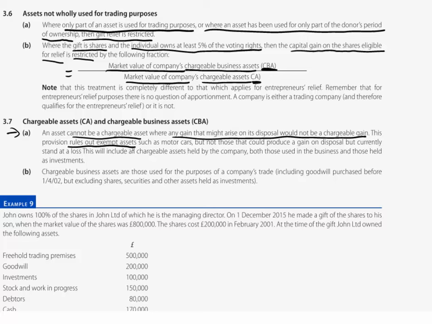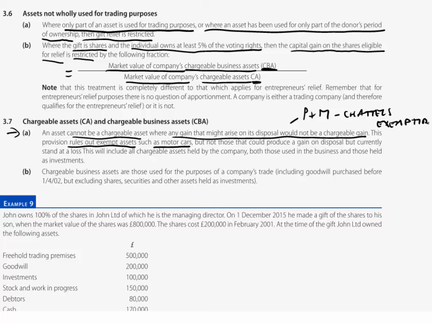So if there are exempt assets held on the balance sheet of the company, which there may be, such as motor cars, then those are not chargeable assets. Other examples of assets that would be exempt, usually when you look at plant and machinery, and where you have plant and machinery, watch out for the chattels exemption.